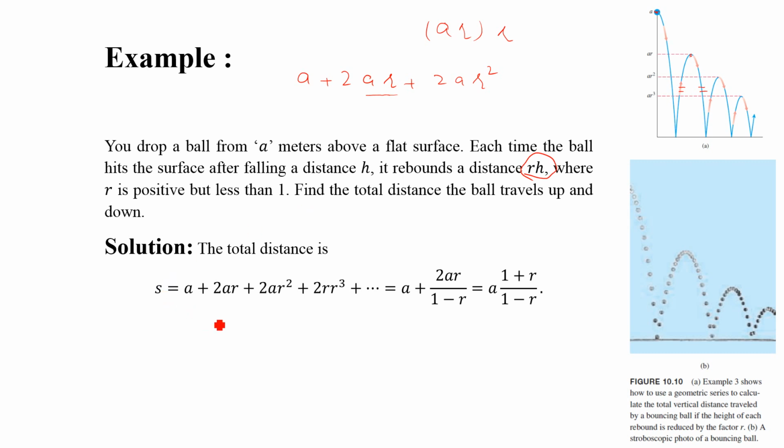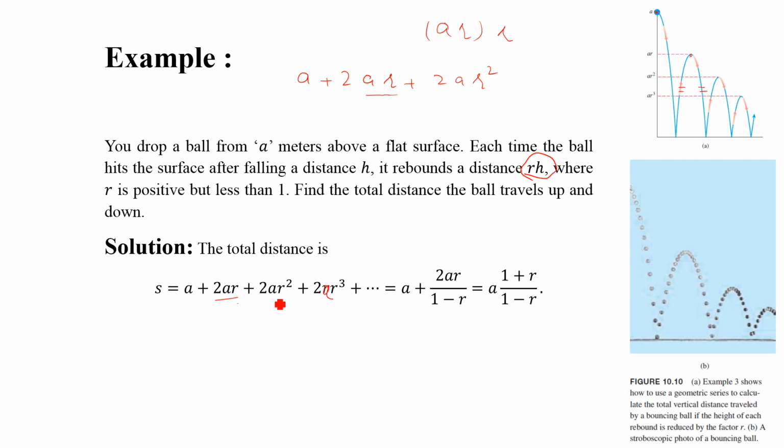So here we go. This is the series a plus 2ar plus 2ar squared plus 2ar cubed, this must be a, there is a typo, and so on. We have a pattern here. If we have the first term 2ar, then the next term is the product of the first term and r.